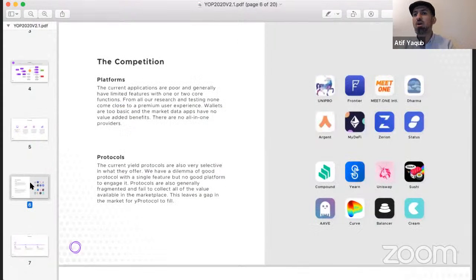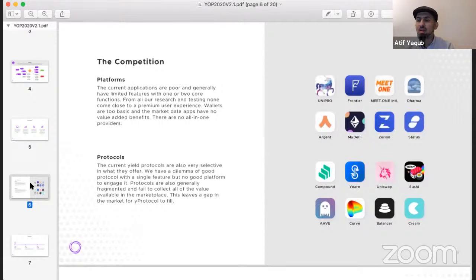The competition for us, again, is split into two areas. You have the platforms, and within the platforms, you have custodial options like BlockFi and Celsius, who are quite big. They have a fair amount of users at the moment. But staying true to the premise of decentralization and the crypto community, we've gone down the non-custodial route, and we want to really keep it like that, let the user control their funds.